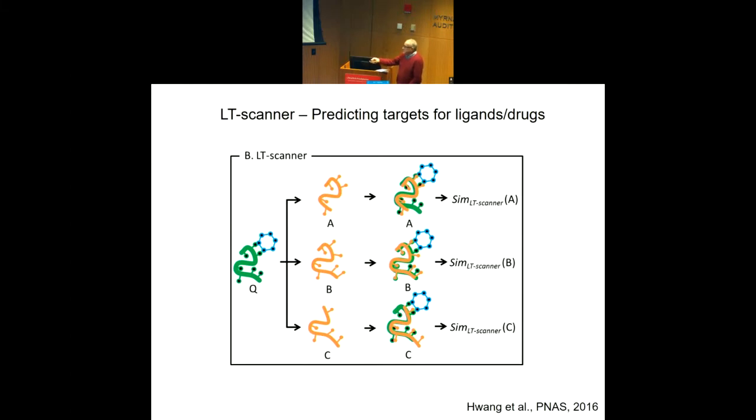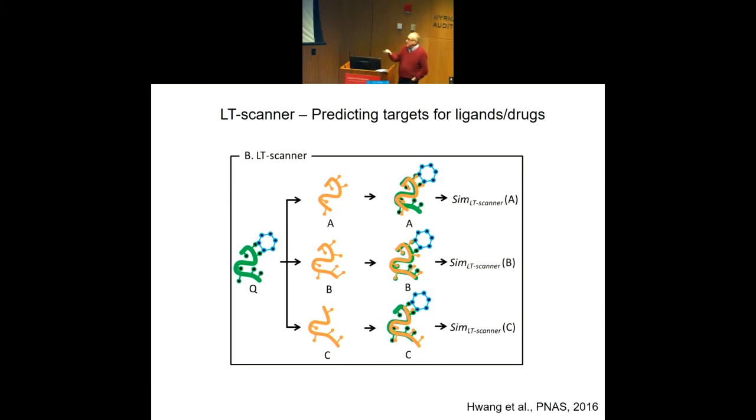given a known drug-protein complex shown here, let's say this is a real drug with a real protein, people are interested in off-targets, what other proteins might it bind to. So the standard way of approaching this problem, I'd say the most common way, is through what's called docking.